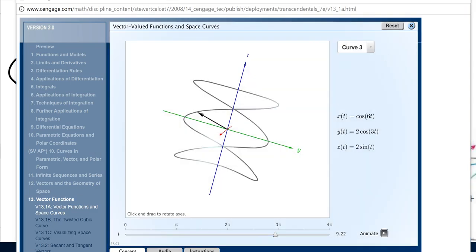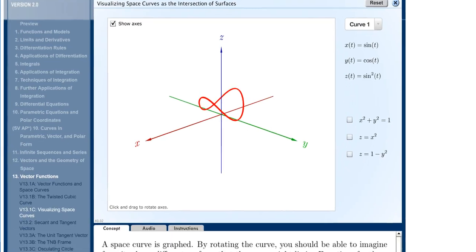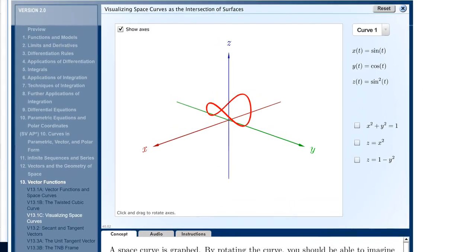I actually want to bring another one in here that shows it really well. Also, we were doing this as well. This is the curve sine t, cosine t, and then sine squared t. So if you look, x squared plus y squared is 1. Sine squared plus cosine squared is 1. So if I click on that, that is a cylinder, right?